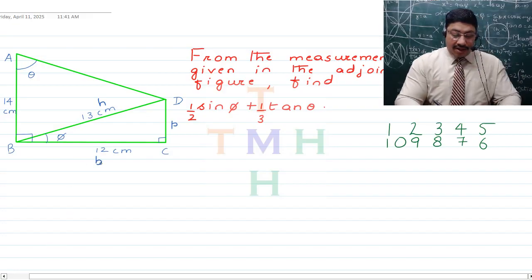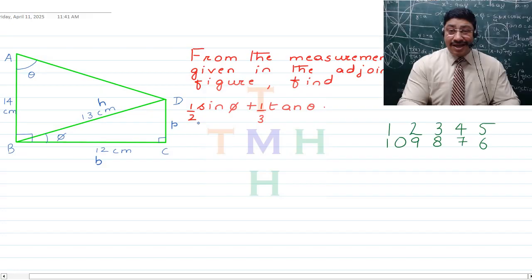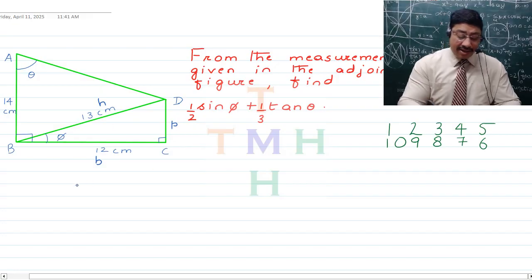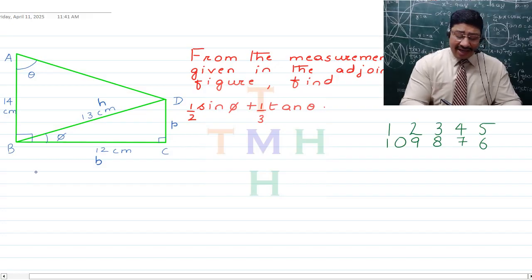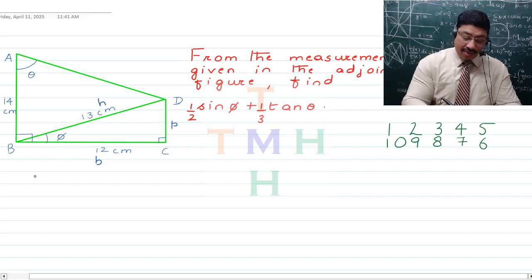Now you have the perpendicular, the hypotenuse and the base, so obviously you can apply the Pythagoras theorem. Here we have the value of the hypotenuse and the value of the base, so we've got to find out the value of the perpendicular. As the perpendicular will be required in finding out sine phi, we actually require to find it out.